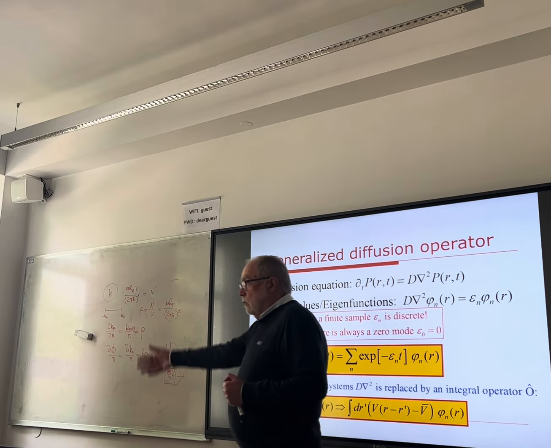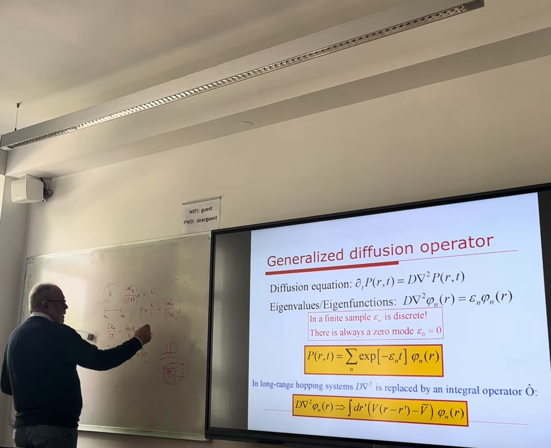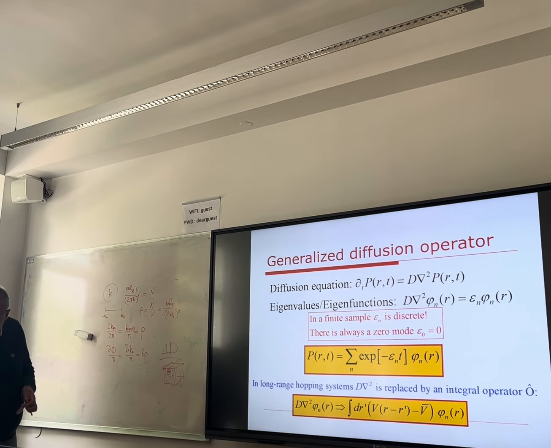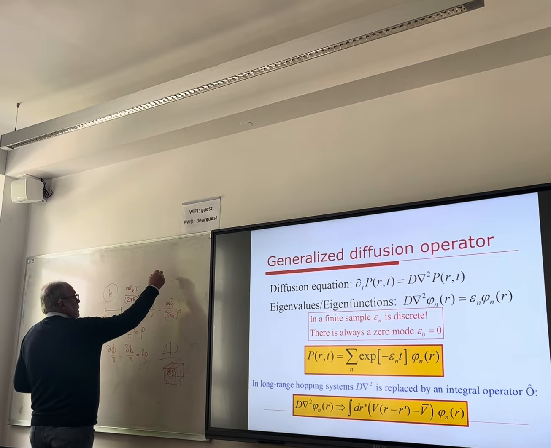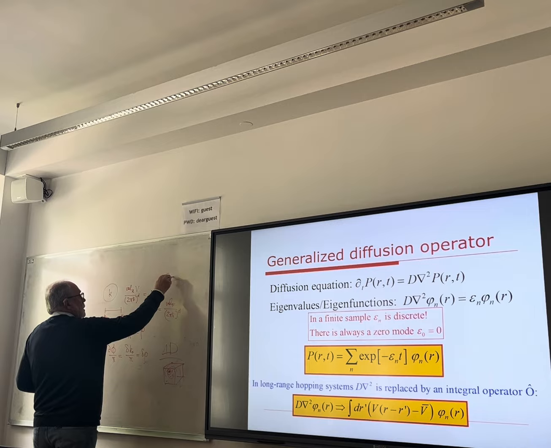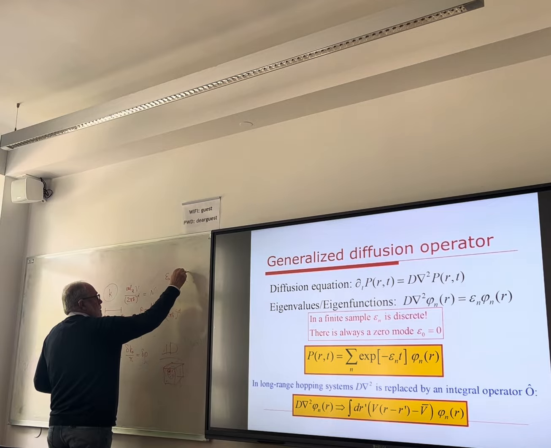And then you have non-zero modes. So in this box situation, if the size is L, then the epsilon n is simply D k squared, and k is 2 pi by L times n, if it is 1D.